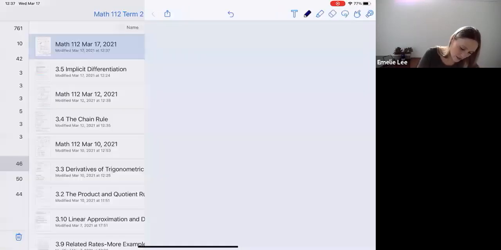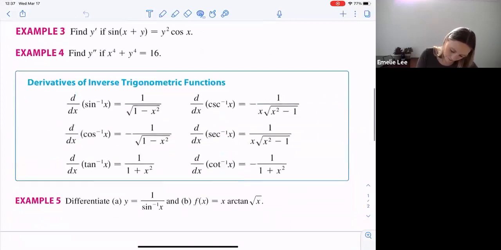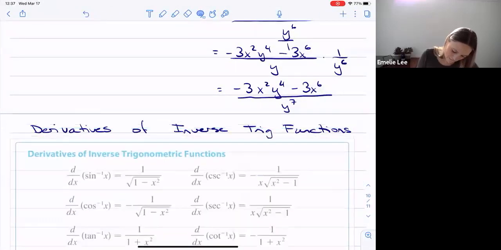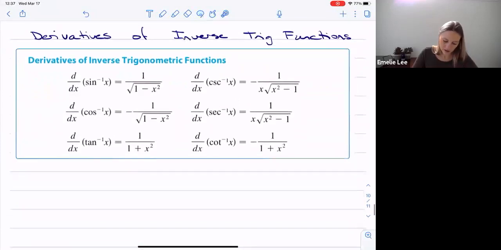And I've given them to you there in the handout. And they look really weird.